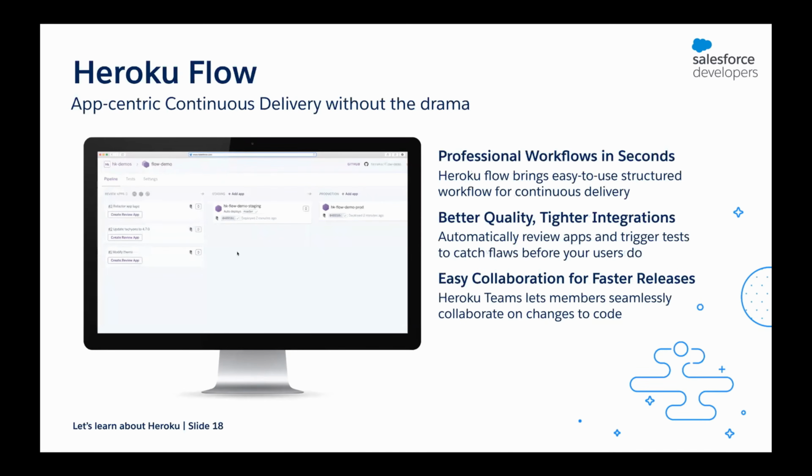We also have Heroku Flow, which is our CI/CD pipeline. So you can continuous integrate and continuous deliver applications. We provide you with different environments, for example, staging and production, and one very interesting feature called review apps.